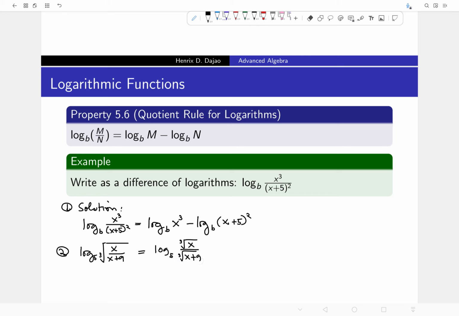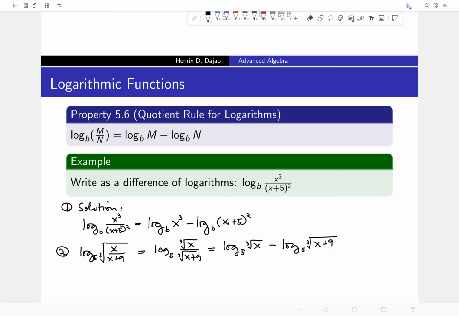Remember the property for radicals? Since this one is already in the form m over n, we are ready to apply this one. Now this becomes the logarithm with base 5 of the cube root of x minus the logarithm with base 5 of the cube root of x plus 9.